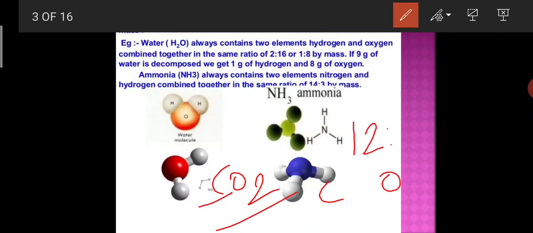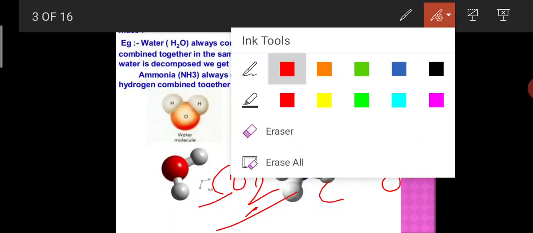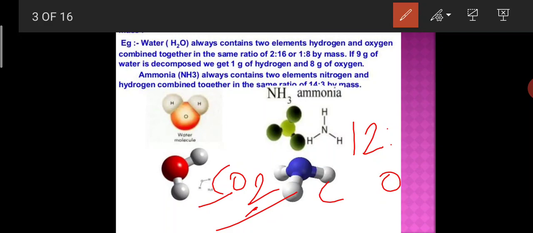Oxygen atomic mass is 16, but here there are 2, so 32. So the ratio will always be 12:32, or you can write it using the table of 4: 4 3s are 12, so 3:8. The ratio in carbon dioxide will always be 3:8. So you can find out the proportions of other compounds.